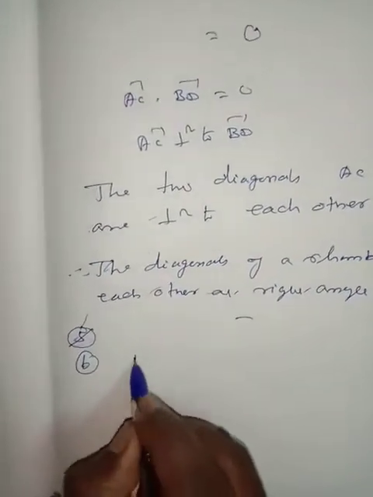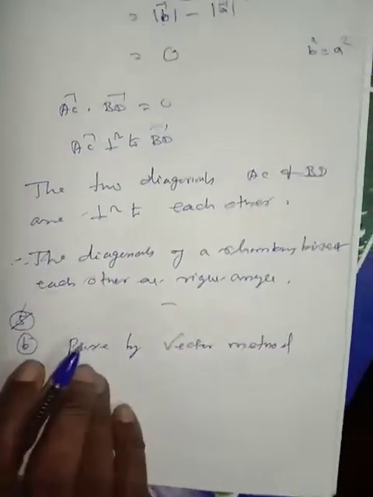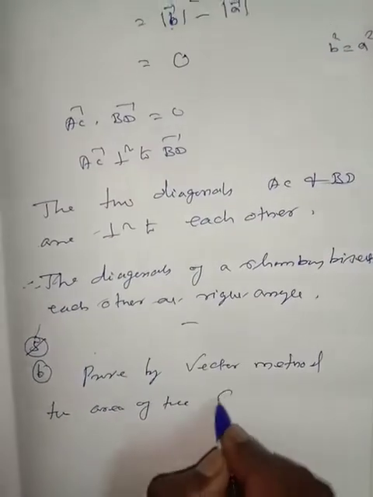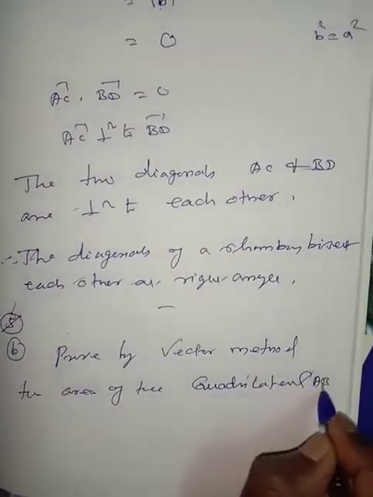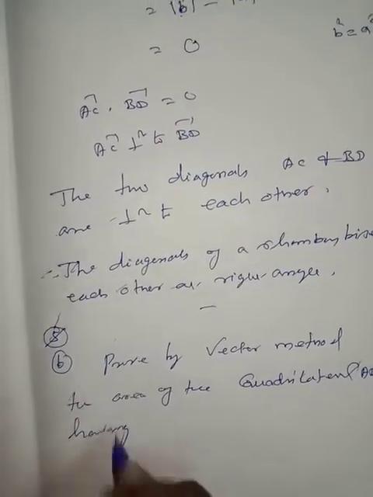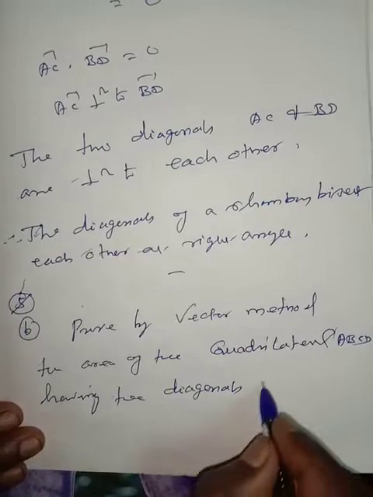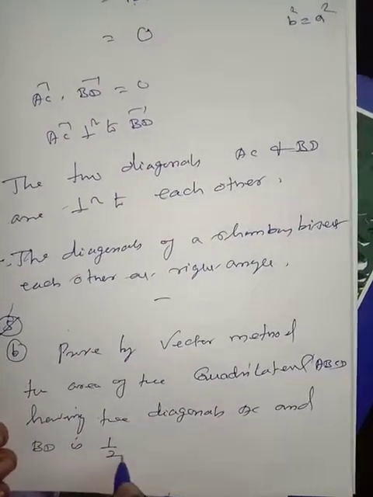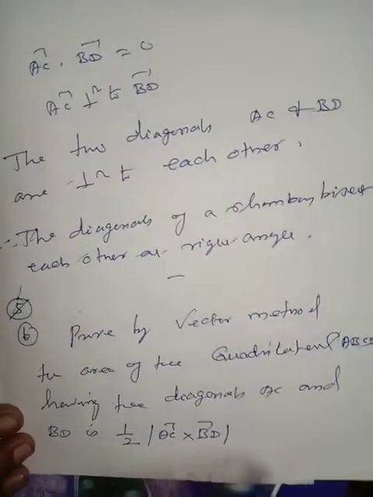Prove by vector method. The area of the quadrilateral ABCD having the diagonals AC and BD is half into magnitude of AC cross BD.